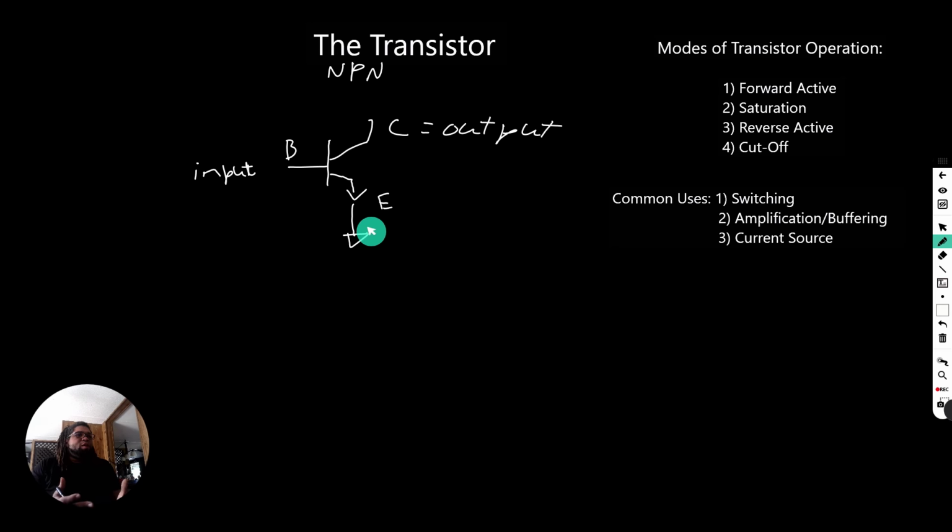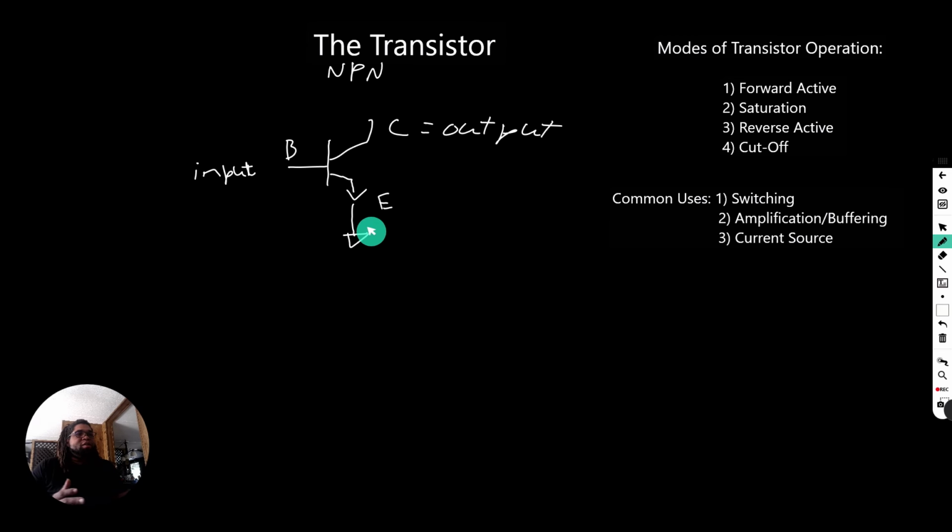So when we look at a data sheet, which I've done on this channel before years ago, we probably have to revisit that. If you look at a data sheet, it'll show you some characteristics of the base junction with respect to the emitter junction, or the base junction with respect to the collector junction, and the collector junction with respect to the emitter junction.